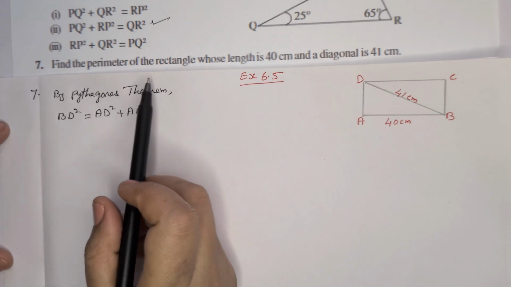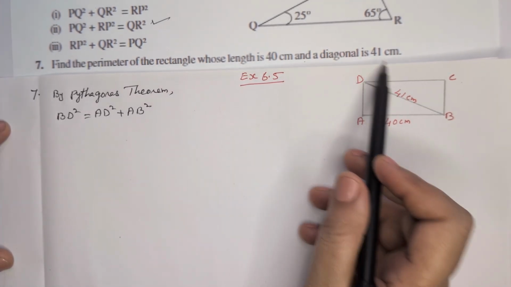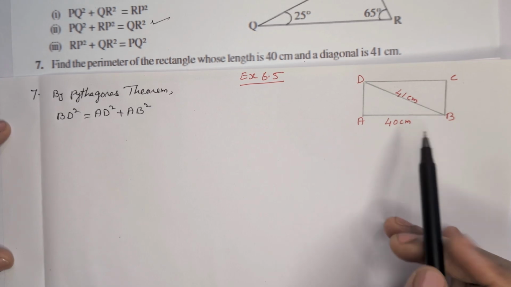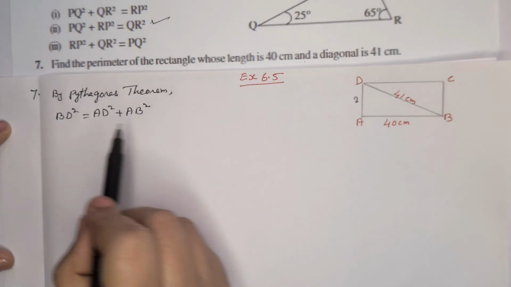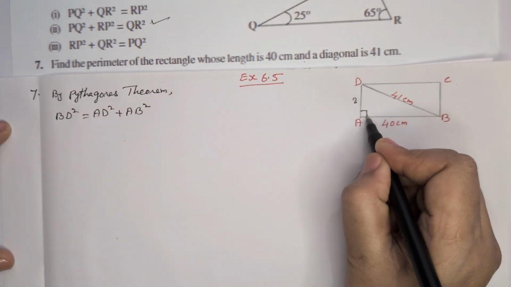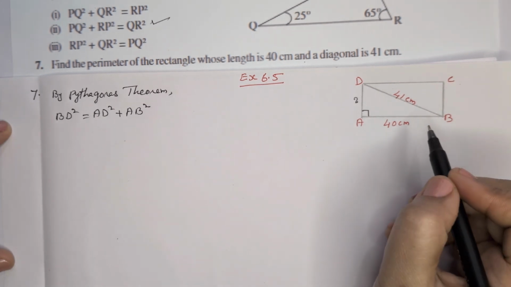Question number 7. Find the perimeter of a rectangle whose length is 40 cm and diagonal is 41 cm. Diagonal is here given. Length is 40 cm. We have to find the breadth. So by Pythagoras theorem, AD square, this we can consider as a 90 degree, so it's a right angle triangle.